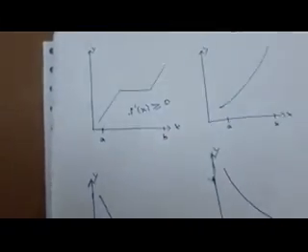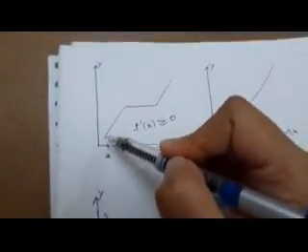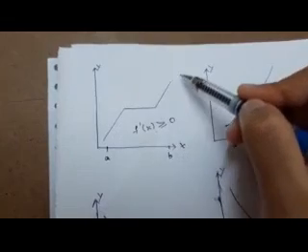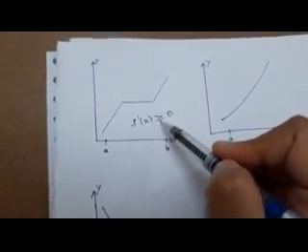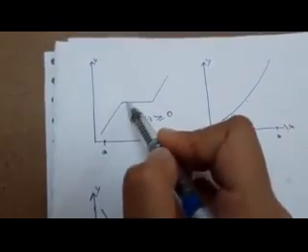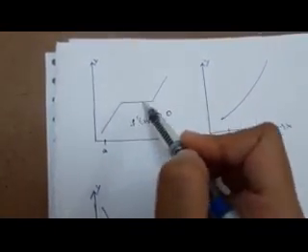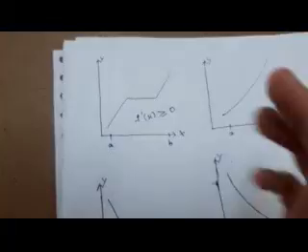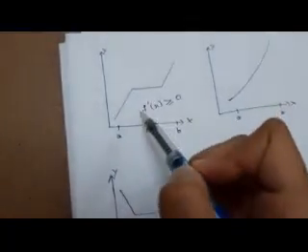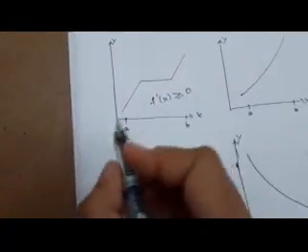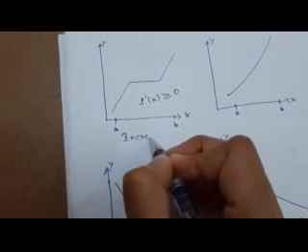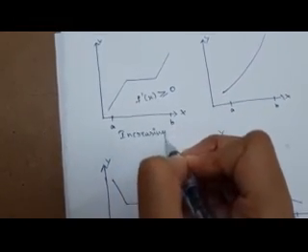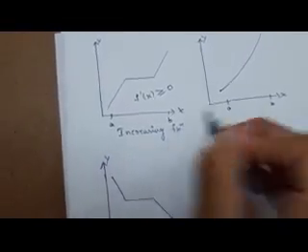It is greater than 0 where the function is strictly increasing, and f dash of x is equal to 0 in the part where the function is constant. So in this type of example where f dash of x is greater than or equal to 0, such functions are called increasing functions.